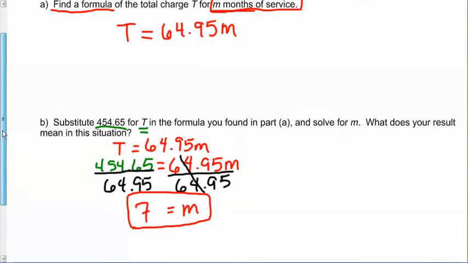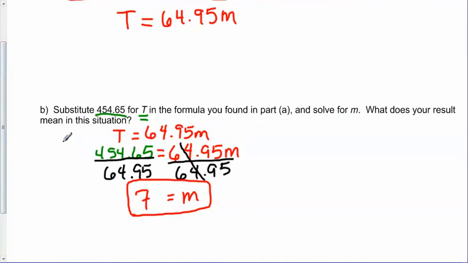So this is where we want to be able to write a sentence about what this means. We don't want to just put a word or two. We want to write a whole sentence that describes what this means. So let's go ahead and do that. What does this mean? What does your result mean?